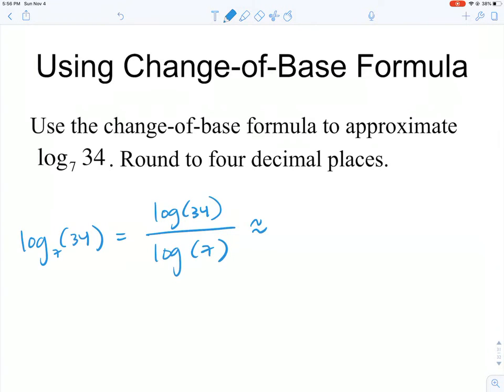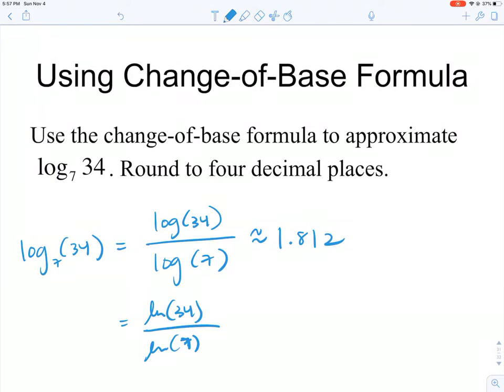And then you can type that into your calculator, and we get approximately 1.812. You could have also done ln of 34 over ln of 7, and you'd get the same thing.